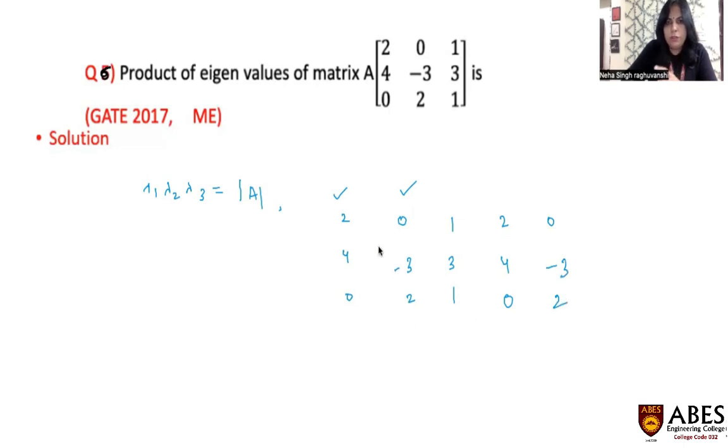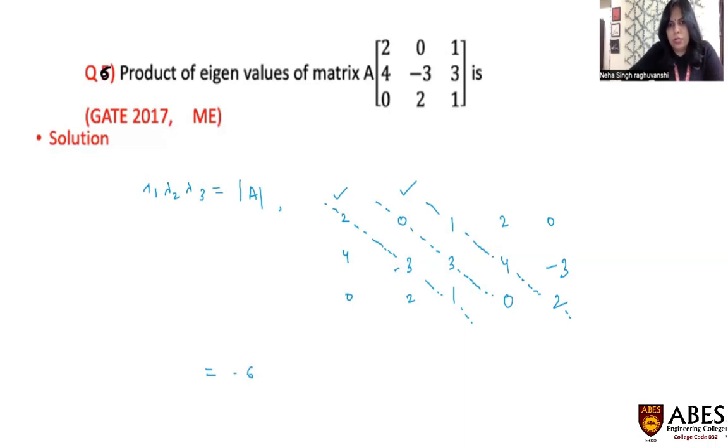You have to multiply these three elements, then these three elements, then these three elements. First multiplication: 3 into 2 into 3 into 1, that is 6. This is minus 3, that is minus 6.